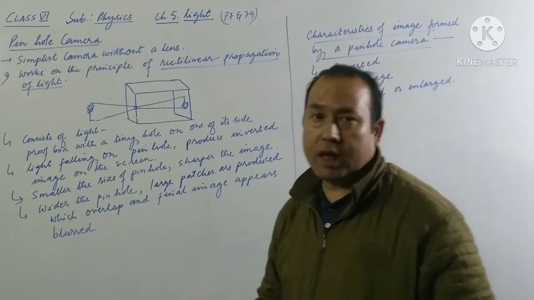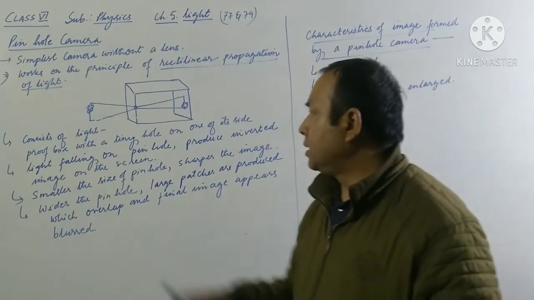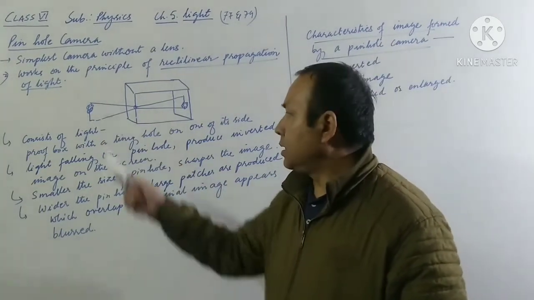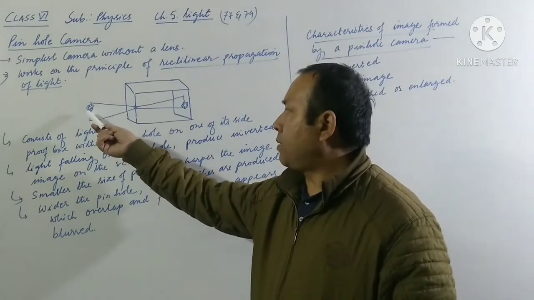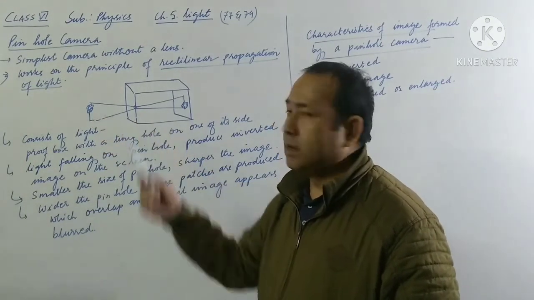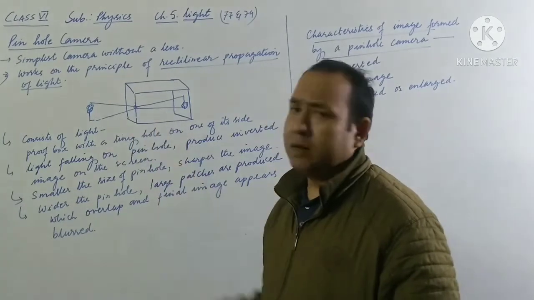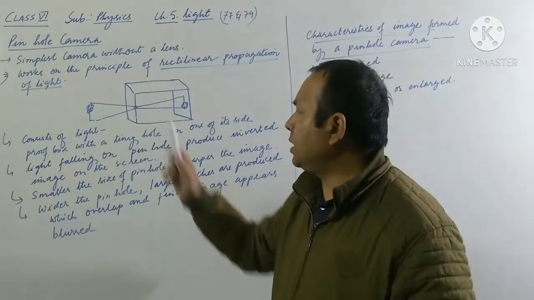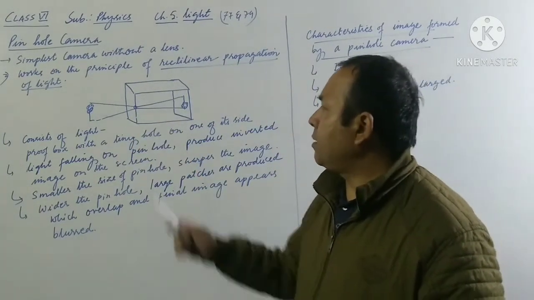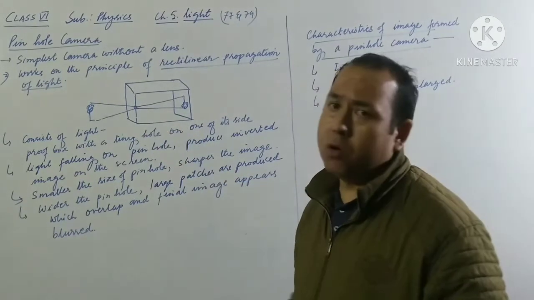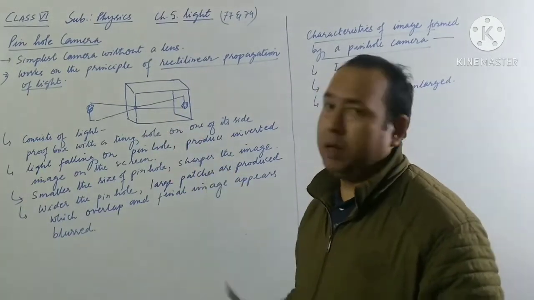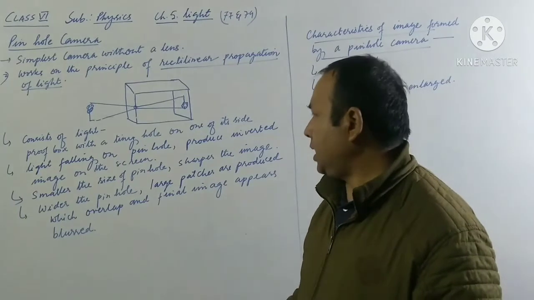Then, whatever light comes from any of the objects, the objects reflect the light. That light, when it falls on this pinhole, passes through the pinhole, and that light forms the image on the screen.